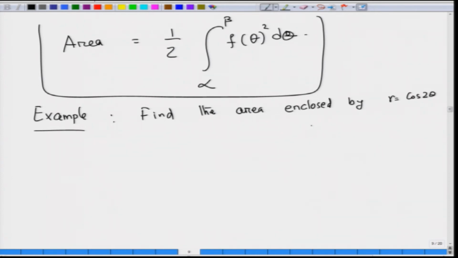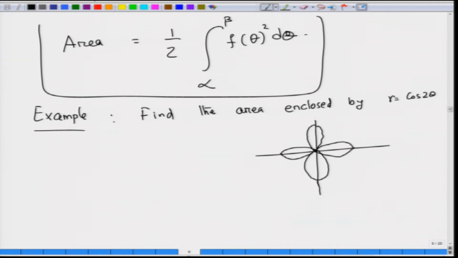Just recall we have sketched the curve. So, this is going to be this, and then from pi by 2 to pi is this, pi to 3 pi by 2 is this, 3 pi by 2 to 2 pi is this, and this is what.